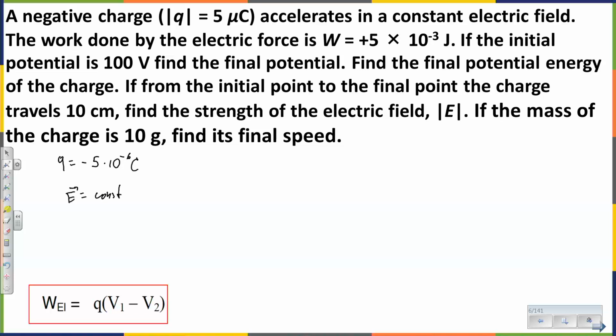We don't know if it's important, maybe not. Sometimes it's not important, sometimes it might be important. And we don't think about that right now. The process we do right now is translation. The work, joules, the initial potential, 100 volts.